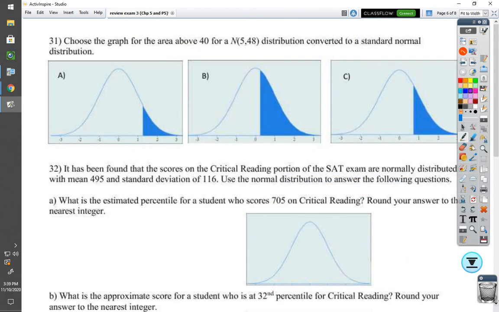How about number 31? Choose the graph for the area above 40. If you have a middle of 5 and a standard deviation of 48, but it's on a standard normal. None of these have these, all have zeros. 0, 0, 0. So what we need here is we need a z-score.